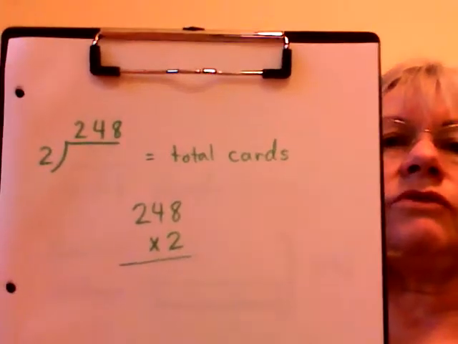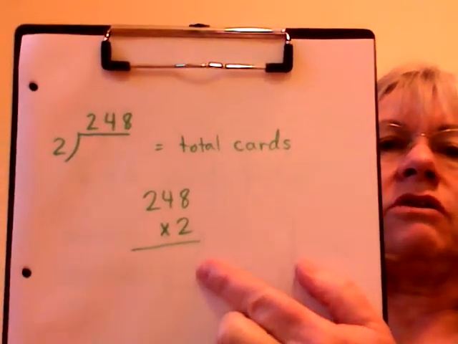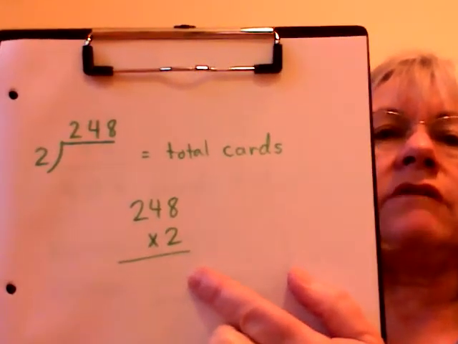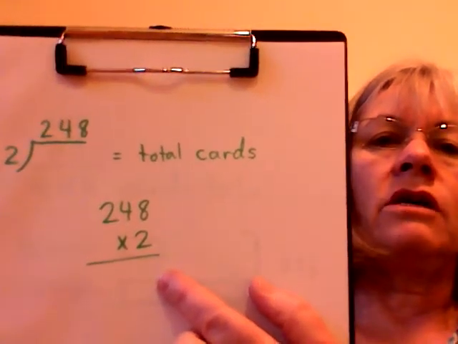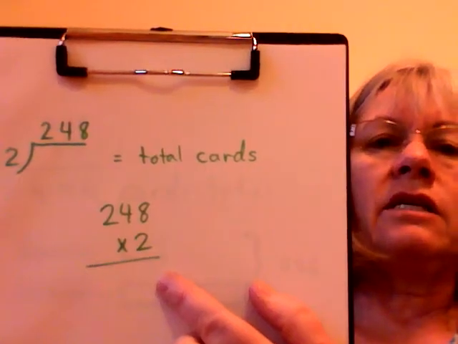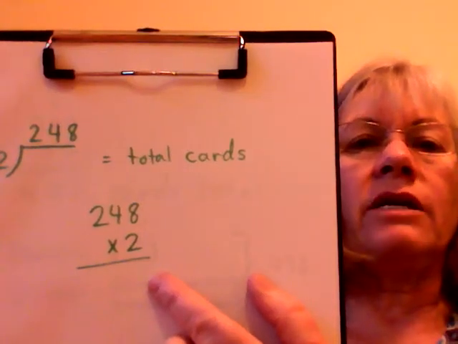If we have 248 and 248, that will tell us how many cards there are altogether. So if you count everybody's cards, there is a total of 248 for one boy and 248 for the other boy. 248 multiplied by 2. That's the total amount of cards, which gives us 496 cards when we have done the multiplication.